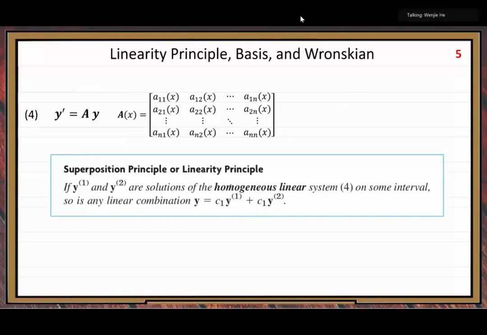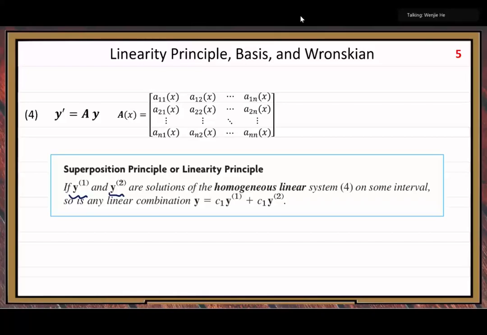Then the superposition principle, or linearity principle: if you can find two solutions, here you can see our notation. We need to use a slightly different superscript. Last time I also talked about this.